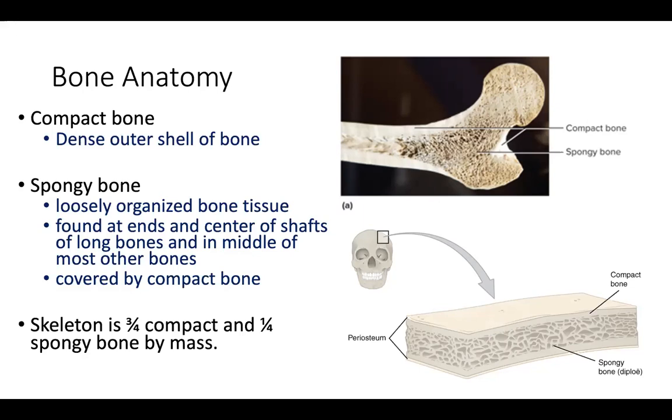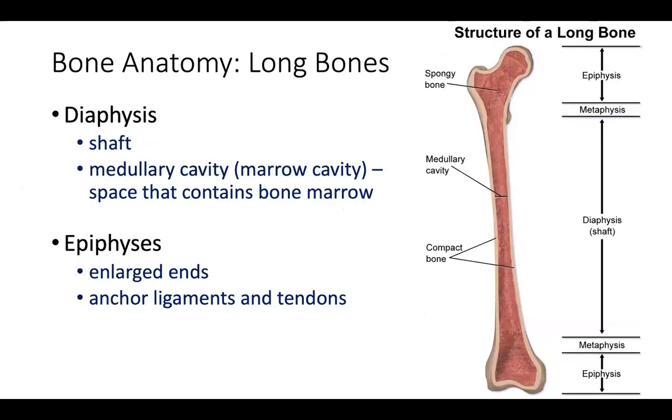All right, so I want to talk about long bones here for a few minutes. They're obviously very important because they're the bones we think about most often in our arms and legs. They have 2 general regions. The middle part, the shaft, is called the diaphysis. So this part here will be the diaphysis, right in the middle, the long part.